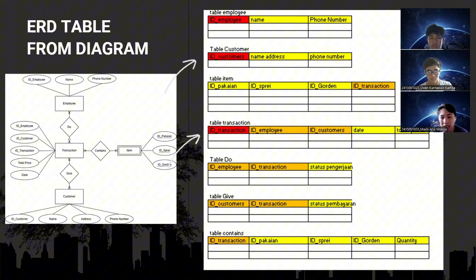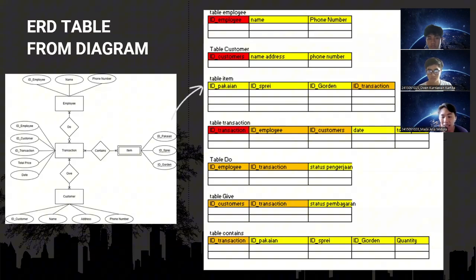And we make a table of customer, and the table of customer has ID customer, name, address, and phone number. And table give has ID customer, ID transaction, and status pembayaran. And the last is transaction and items. So we make another table named table item.